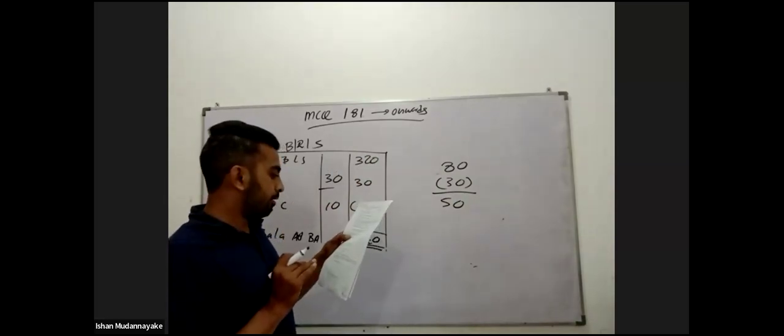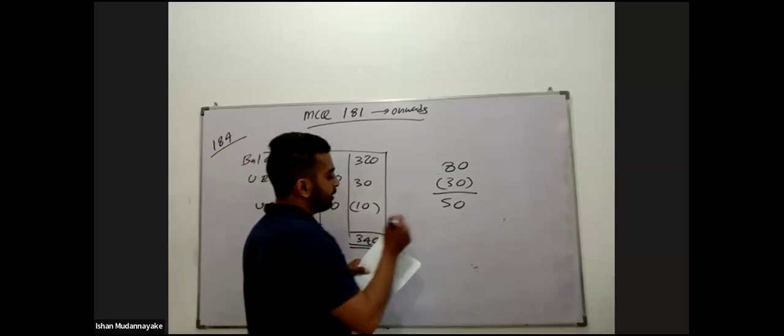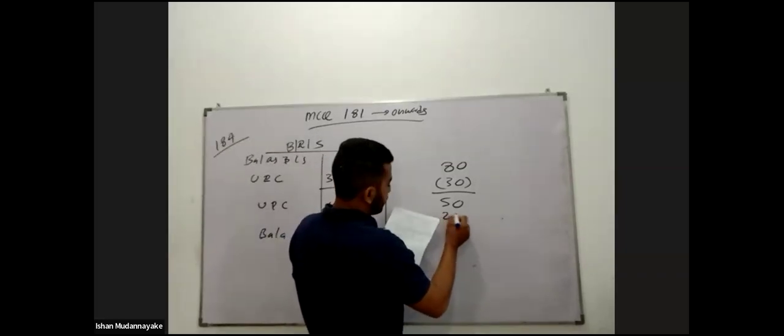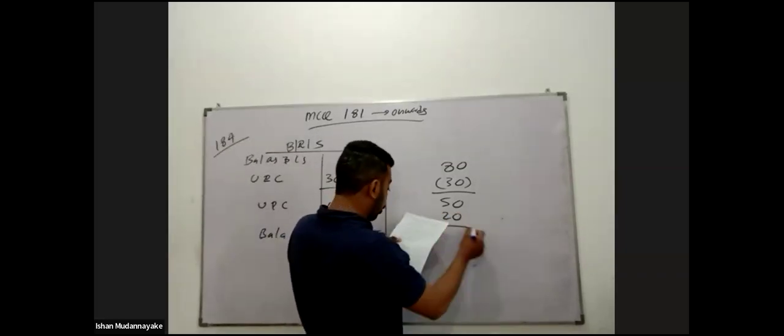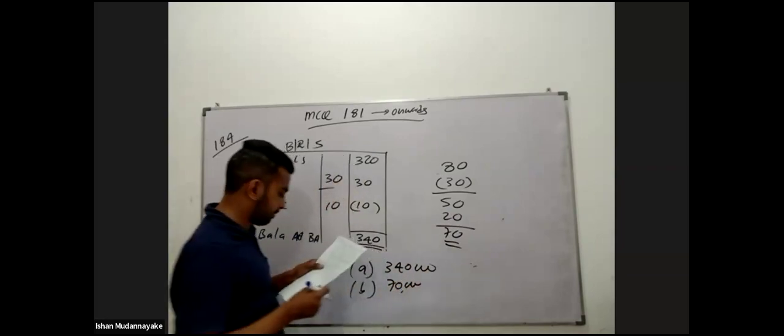And the check deposited in March realized in April is 20,000. Then total realized checks during the April month is 70,000. Answer for B is 70,000. Okay, clear? Right.